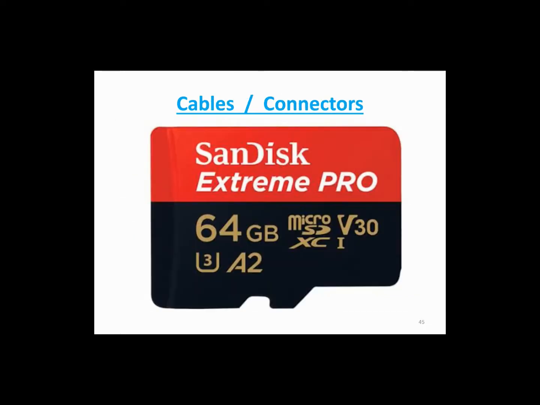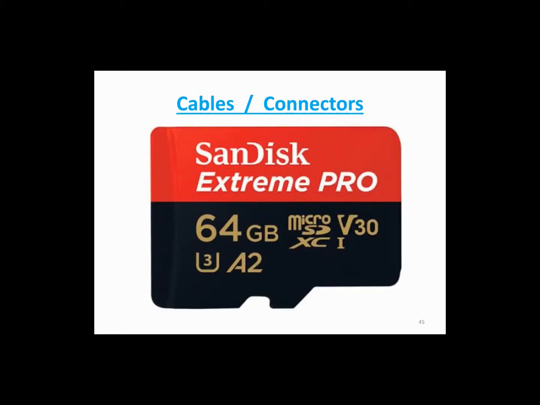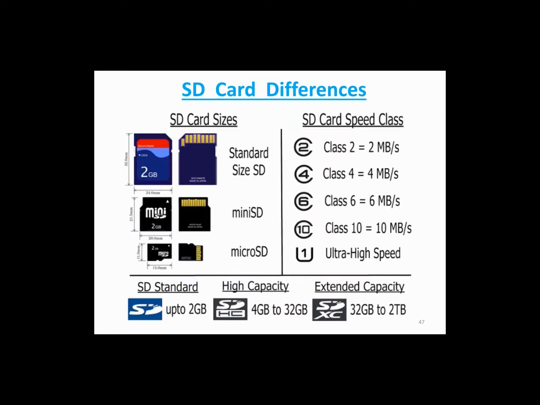Here's a little chart on this new page, so you can see and understand things a little bit better. You see on the left-hand side the SD card sizes: standard size SD cards, mini SD, and micro SD, the physical size, the length and width. On the bottom, you'll see the definitions. Standard definition, SD, is up to 2 gigabits.